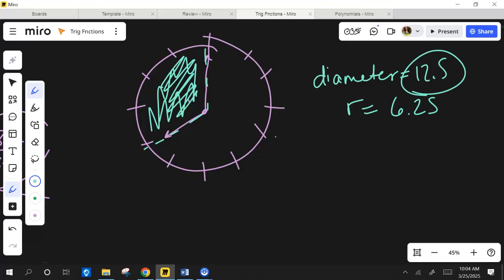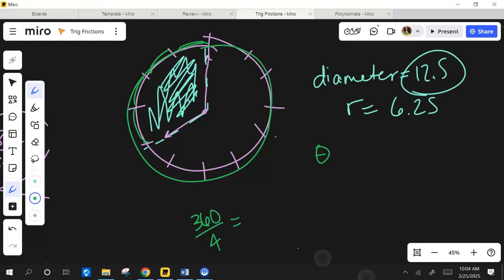You with me? Okay. So I need to know my theta, right? How am I going to find theta? How many degrees is all together? Whole circle though. 360, right? So if it's 360 degrees all the way around, and I take 1, 2, 3, 4 equal sections, divided by 4. So 360 divided by 4, which is, what is it?